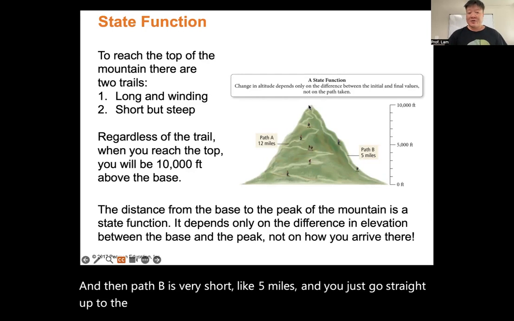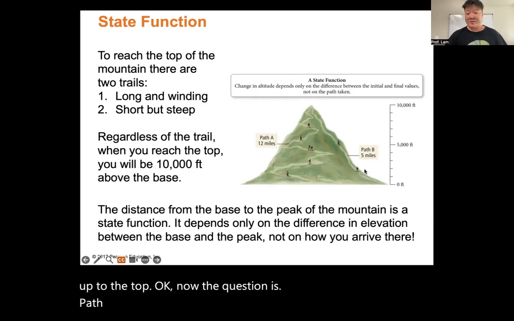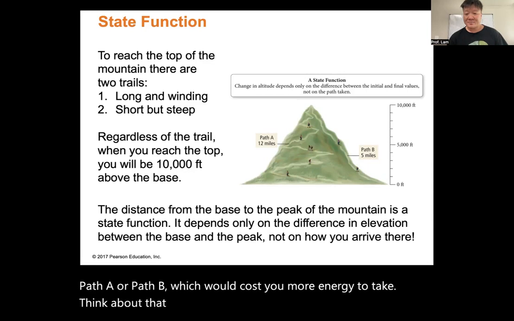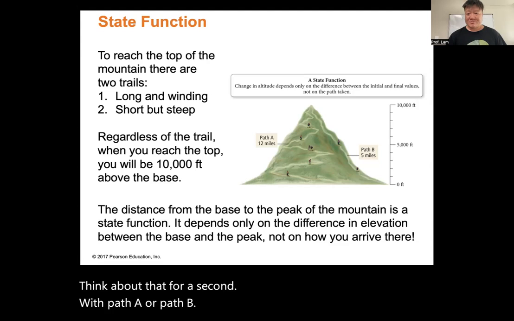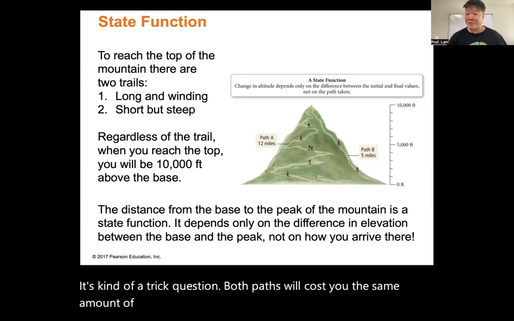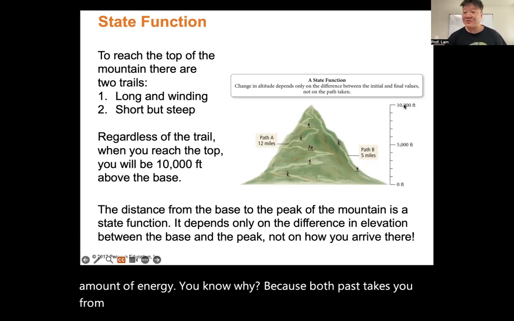Now, the question is, path A or path B, which would cost you more energy to take? Think about that for a second. It's kind of a trick question. Both paths will cost you the same amount of energy. You know why? Because both paths take you from 0 to 10,000 feet.